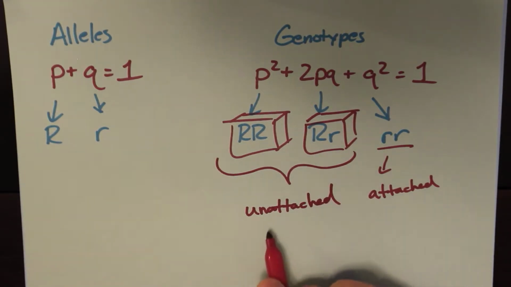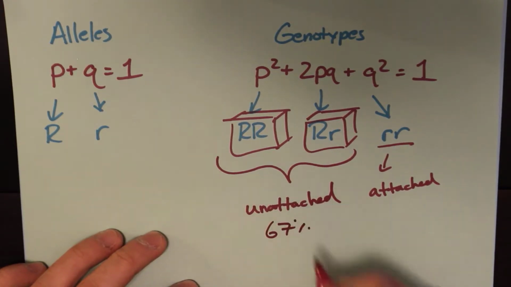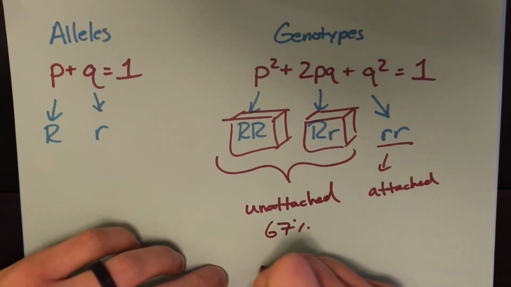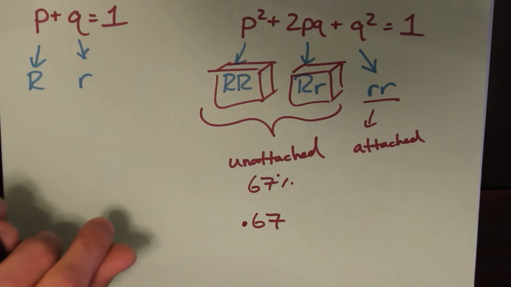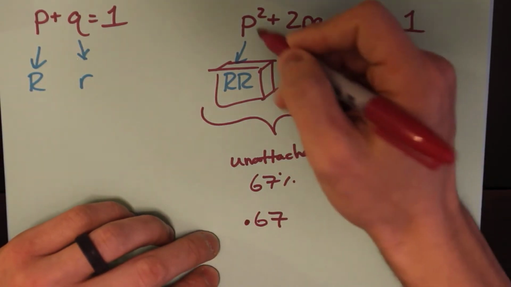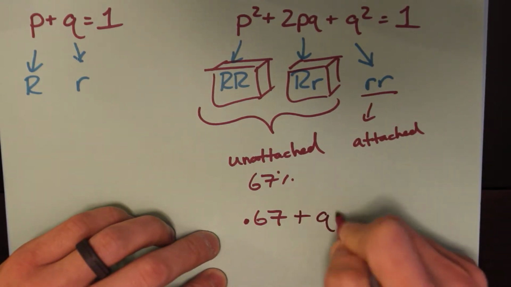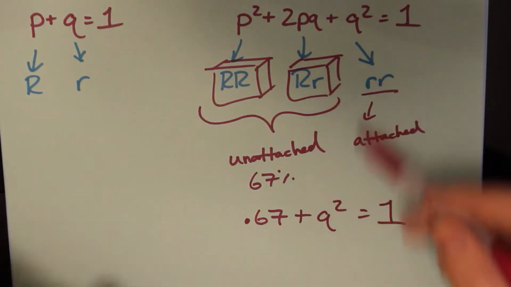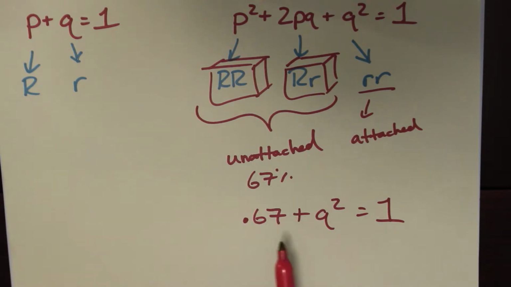We know that the unattached is 67%, right? So 67%, or if we put it as a decimal, we would just divide that by 100, so we get 0.67. Alright? Can we solve for something here? Yeah, we can, because now we know that these two together are 0.67, and we can add q squared to that to get 1. Do you guys see what I did? I just completed the rest of the equation there. So I know these two is 0.67 together, and now I just do plus q squared equals 1.